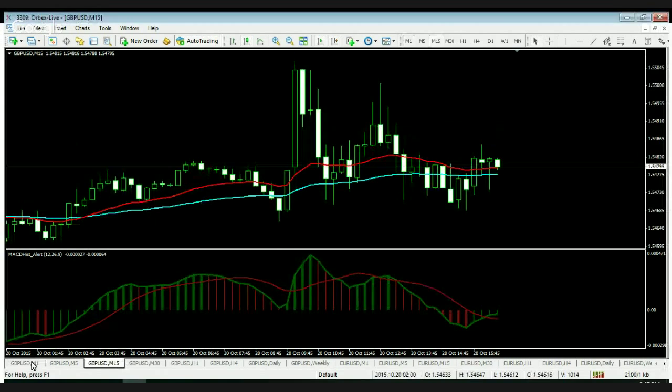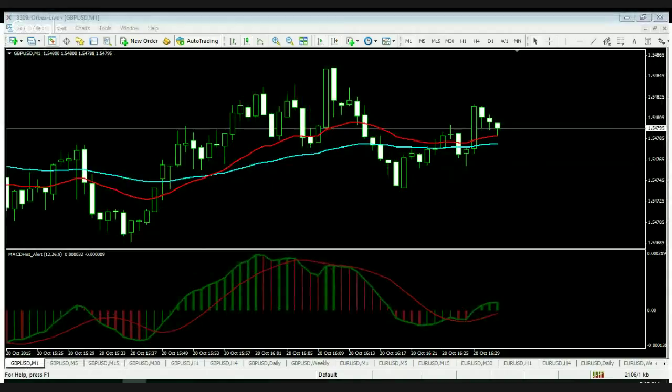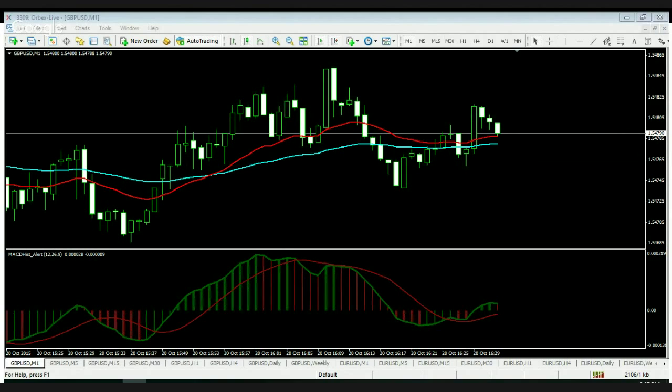Okay, we should buy a call option, pound dollar, expiry 15 minutes. I think this will be a good signal. Now, we don't have to repeat that mistake. Should expect pound dollar.